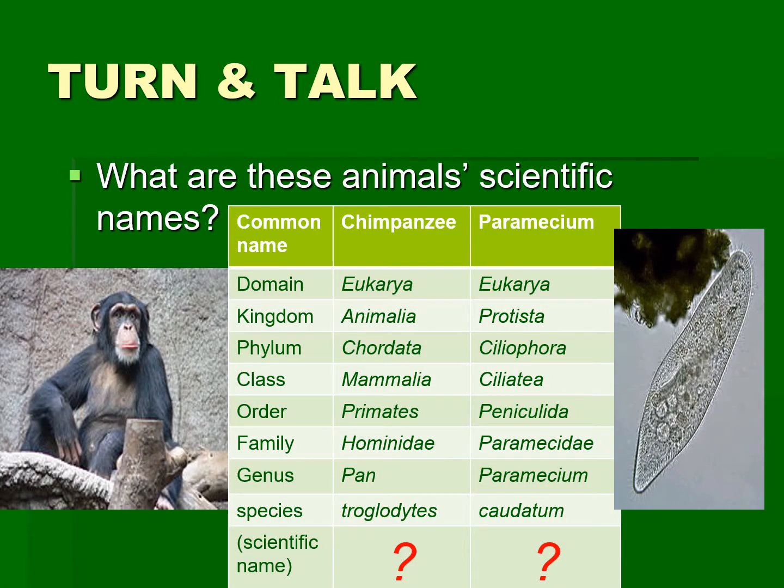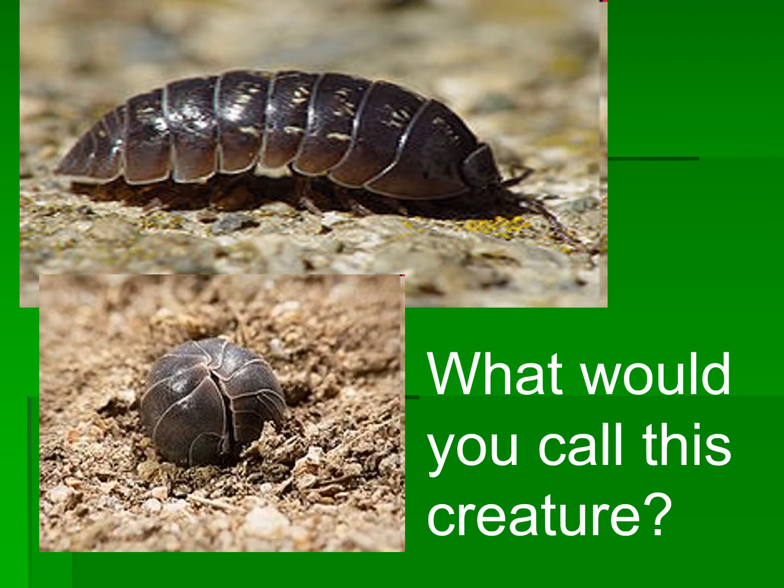Now, when we look at scientific names, we are looking at the genus and the species, right? So that's going to be your scientific name. The genus is capitalized, the species is not. So one of the reasons we need this is, what might you call this little creature, right? This little guy, when you poke him, he rolls into this little ball, right?